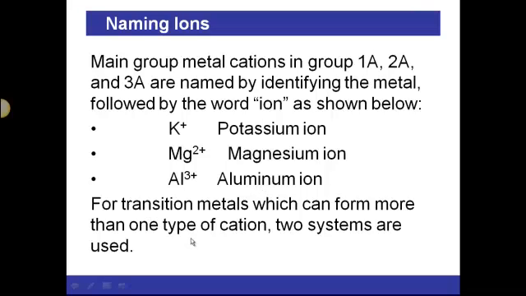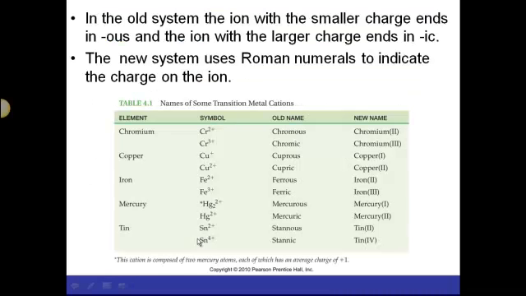For our transition metals, which can form more than one type of cation, two systems are commonly used to name these ions. The old system we're not going to use in here, so you don't have to know the old naming system, but you should be aware that it's out there because some people might use it.